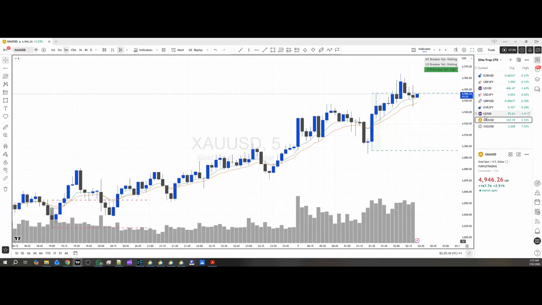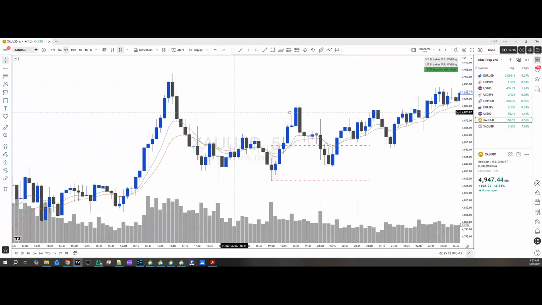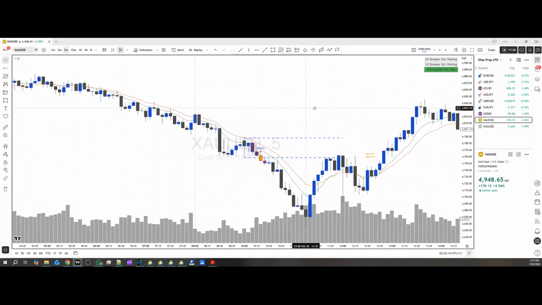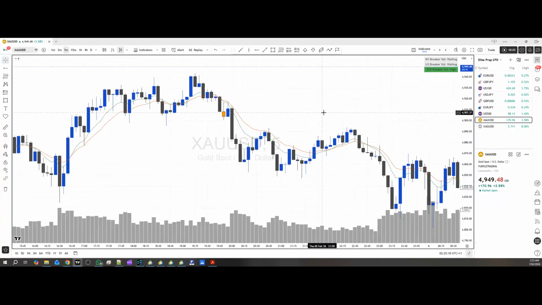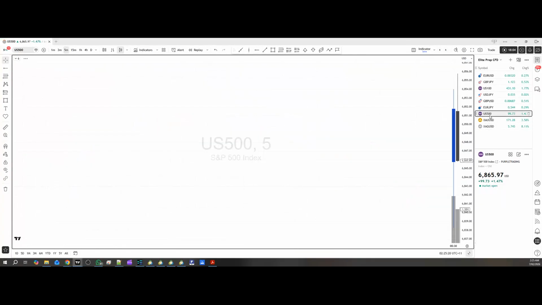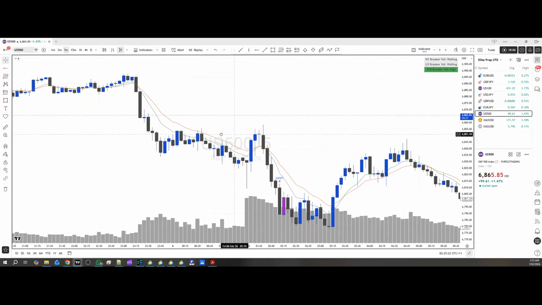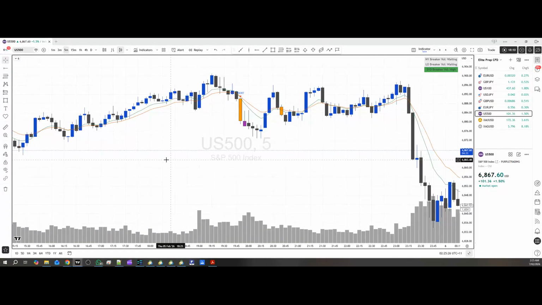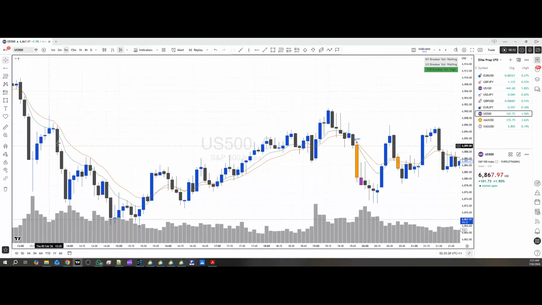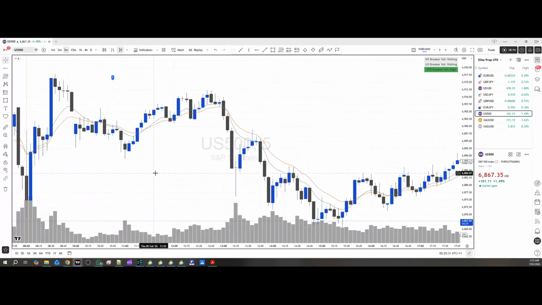That's what I'm trying to find. Oh, look at that. Beautiful. And when only a fair value gap comes in, how do you trade those ones? That's what I'm going to try to show you. Let me find it out.